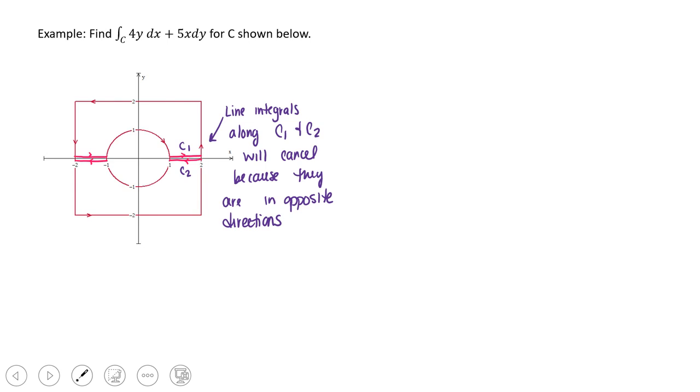Now, if we think of this as a line integral problem, when we compute our line integral around what I'm going to call C1, this little line segment, and C2, the line segment that goes in the opposite direction, line integrals along those paths will cancel out. Because they're in opposite directions, you're going to end up getting the same number with opposite signs.